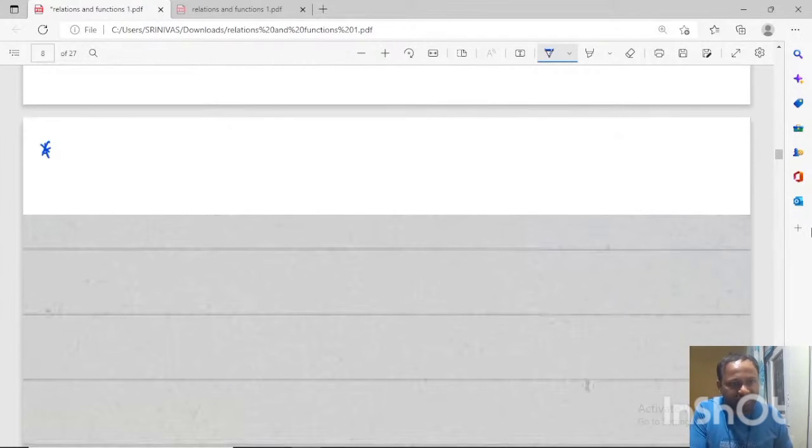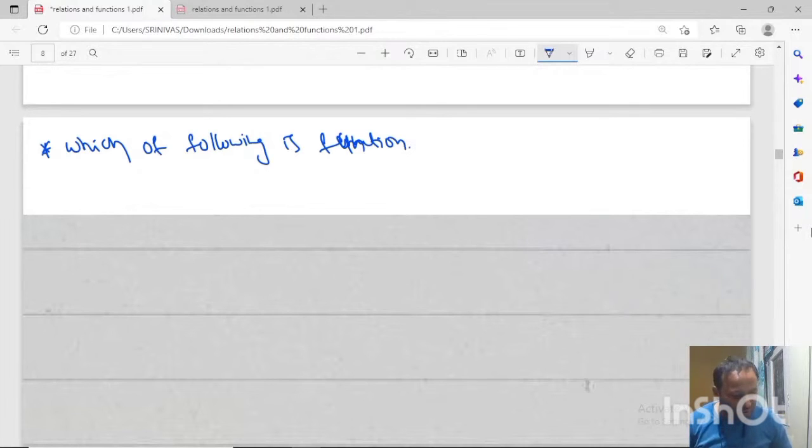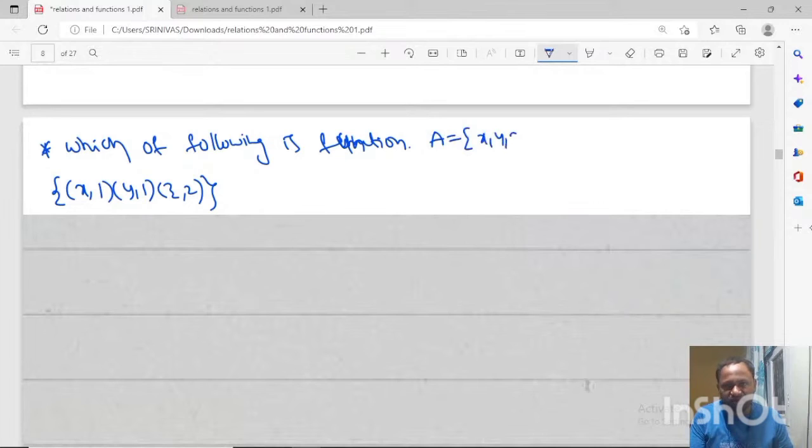Which of the following is a function? Okay, see the question. Ordered pairs: (x, 1), (y, 1), (z, 2), where A is the set of all x, y, z and B is the set of all 1, 2, 3.